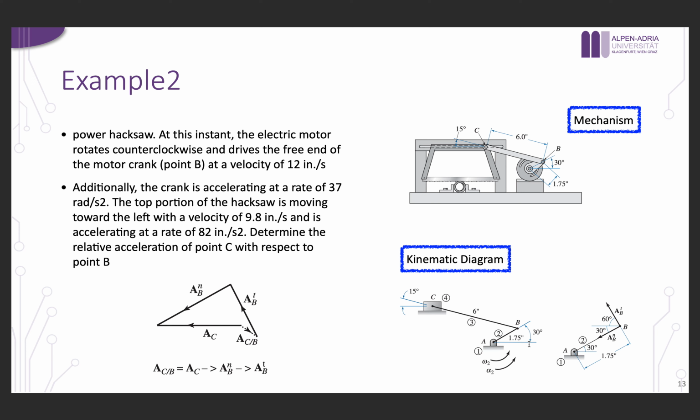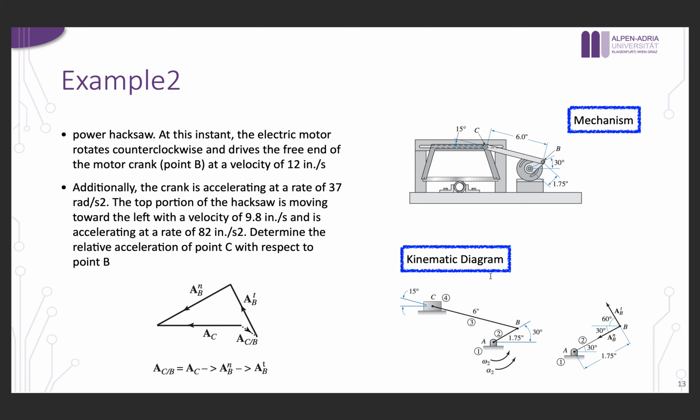We know the initial orientation, which is 30 degrees. The electric motor rotates counterclockwise, in this direction, and drives the free end of the crank, which is point B, at a velocity of 12 inch per second. So this is the linear velocity of point B, which we know in this case.